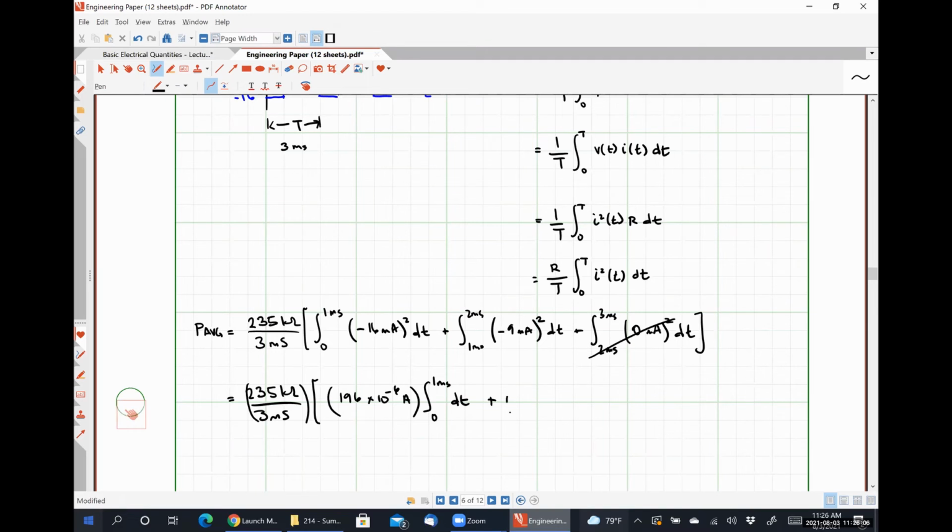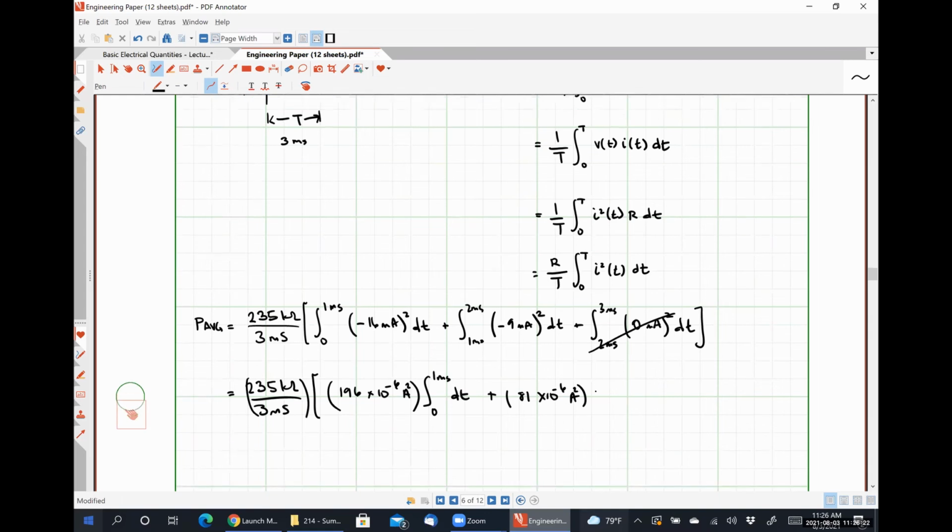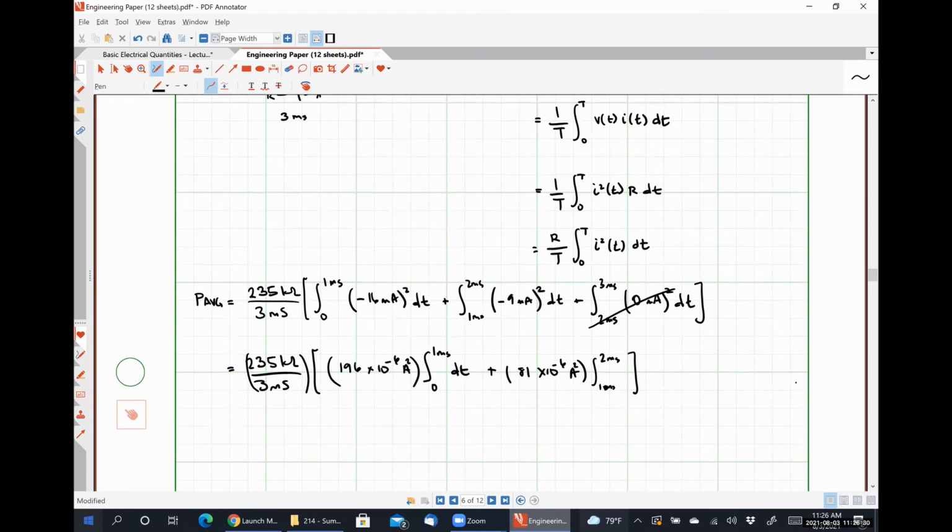And then I'm going to have negative 9 milliamps times negative 9 milliamps is going to be 81 times 10 to the minus 6 amps. Sorry, amps squared. Times the integral from 1 millisecond to 2 milliseconds. That other part goes to 0.